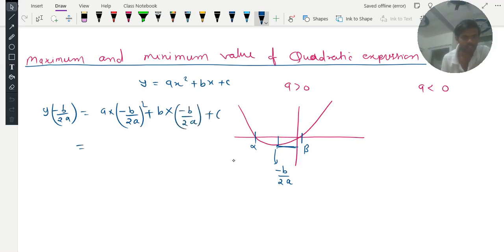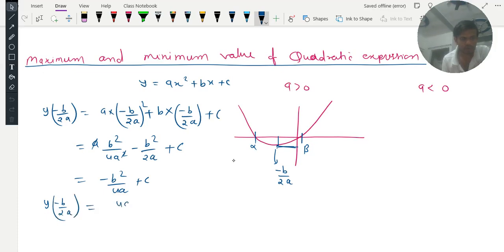This is a times b square upon 4a square, minus b square upon 2a, plus c. I have cancelled this a, this becomes minus b square upon 4a plus c. So the value of y at minus b upon 2a is equal to (4ac minus b square) upon 4a. This becomes minus D upon 4a.